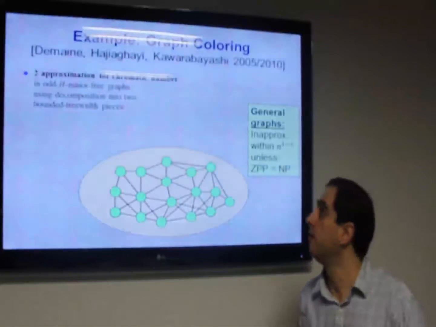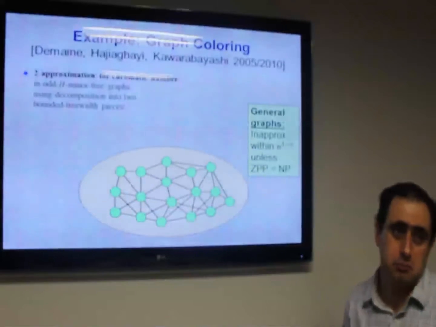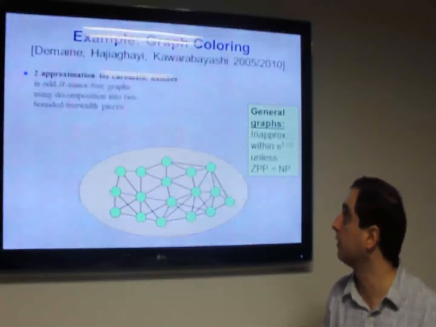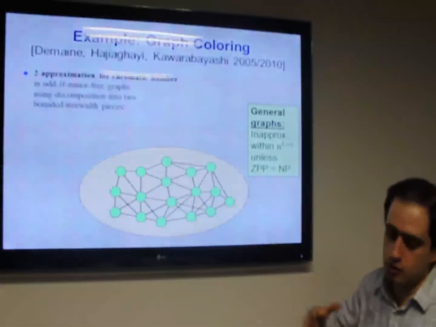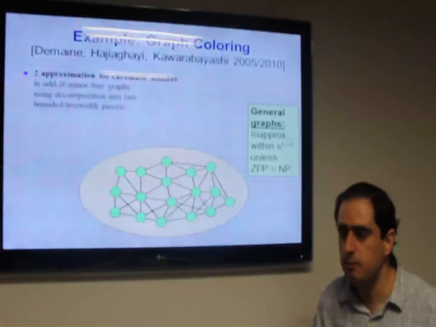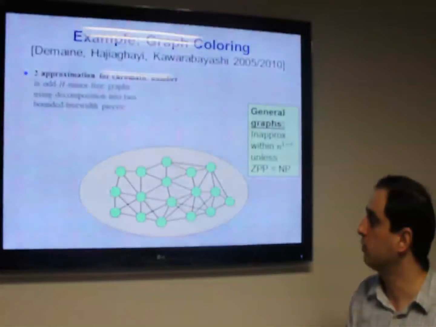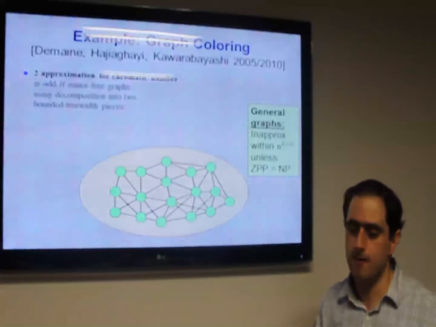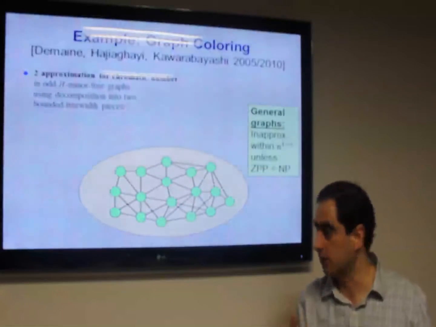Let's see an example. The graph coloring or chromatic number. Lots of you are familiar with this concept. We know that the chromatic number is essentially the minimum number of colors that you need to color the vertices of the graph such that for any edge the two endpoints have different colors.